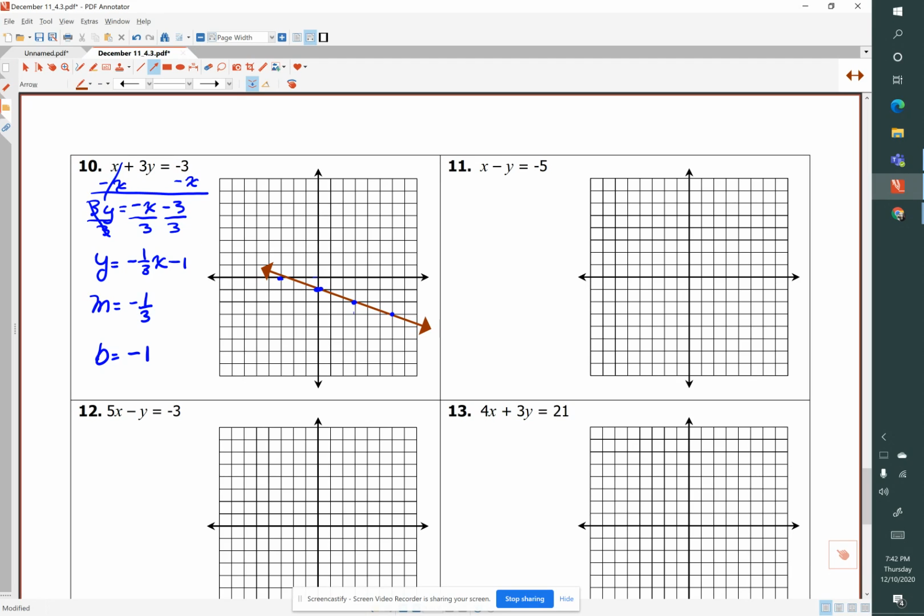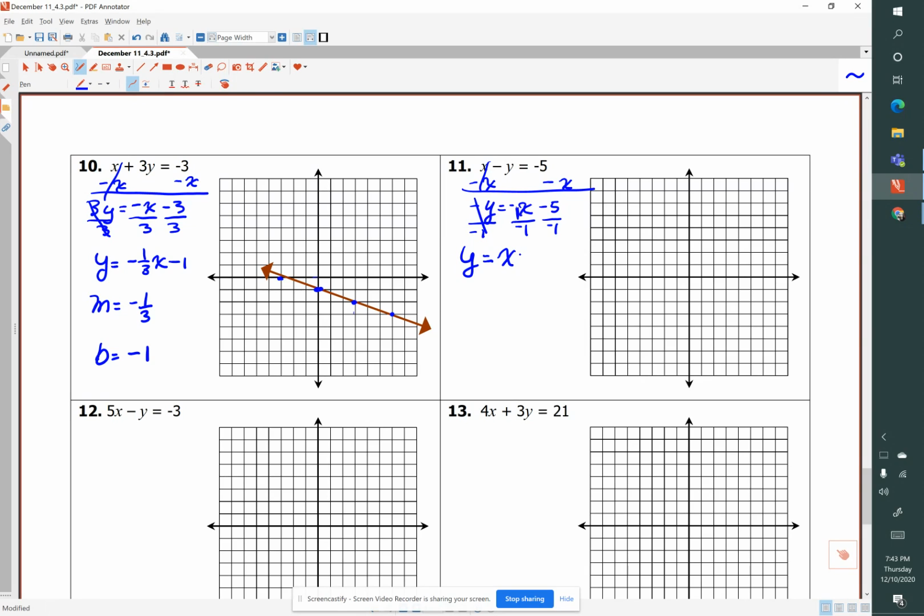Okay, number 11. Got to put that in slope-intercept form. We'll subtract x from both sides, and we have negative y equals negative x minus 5, but we need to divide everything by negative 1 to remove the negative and the invisible 1 in front of the y. So now y equals, now this is negative 1. There's an invisible 1 here. Negative 1 over negative 1 is simply 1. That's an invisible 1.